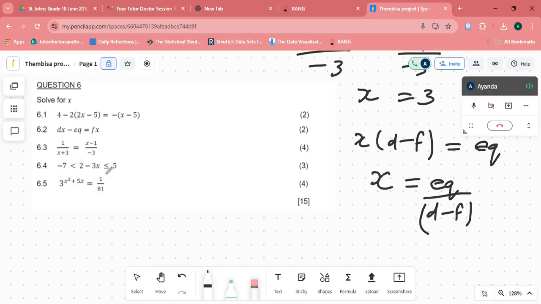So we need to find our lowest common denominator here, which is going to be negative 3 times x plus 3. Let's just write down our LCD.